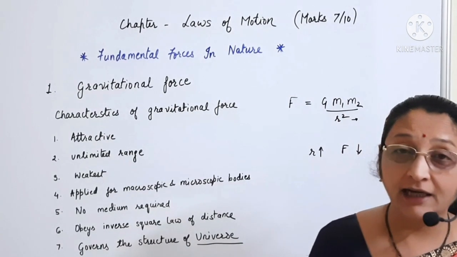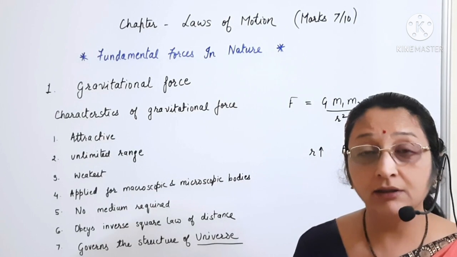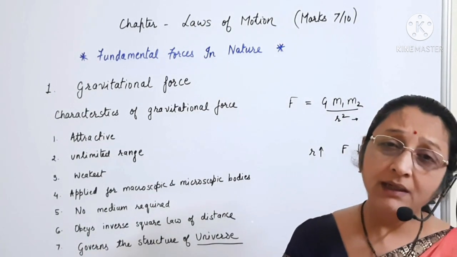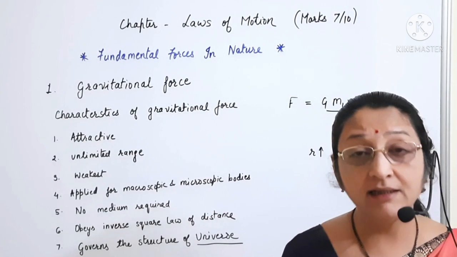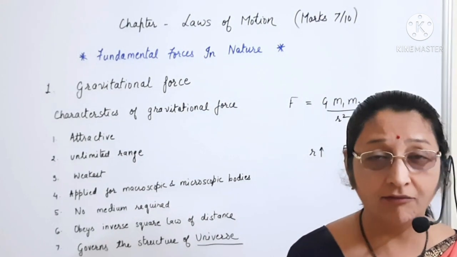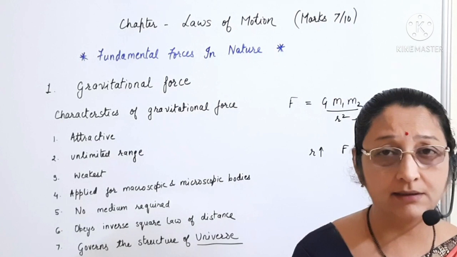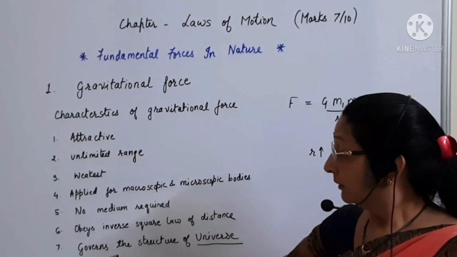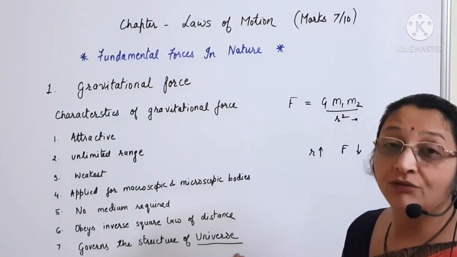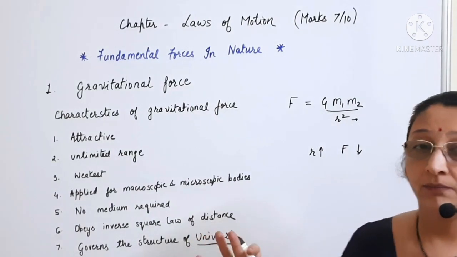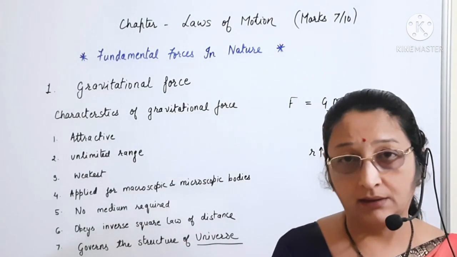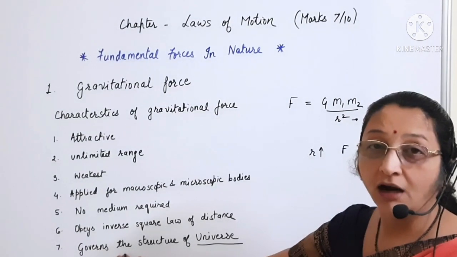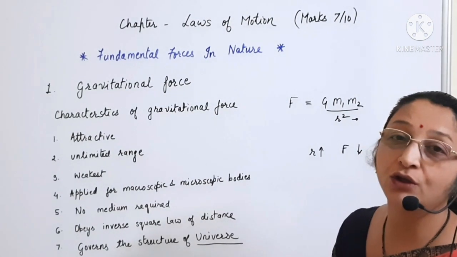There may be natural satellites, like our earth has the moon. There are so many stars. So in the structure of the universe, each one is rotating about the other. The gravitational force governs the structure of the universe.